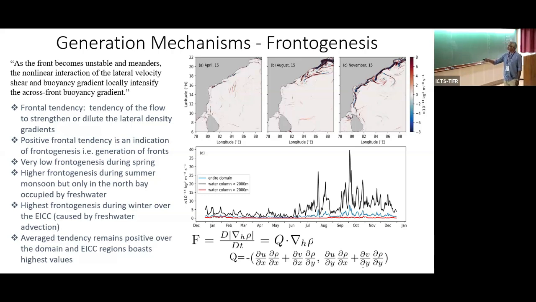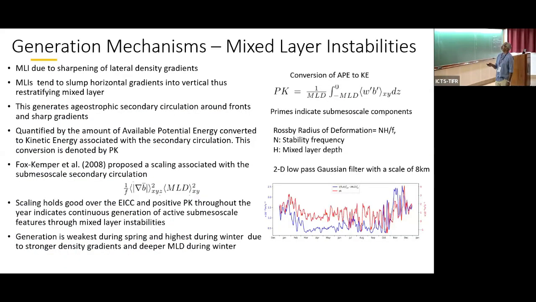This is the corresponding annual cycle for the EACC region, which again shows a certain increase during the summer monsoon months, and the mean is above the other two curves during the northeast monsoon time. On the whole, the average tendency remains positive over the domain, and the EACC has high values.